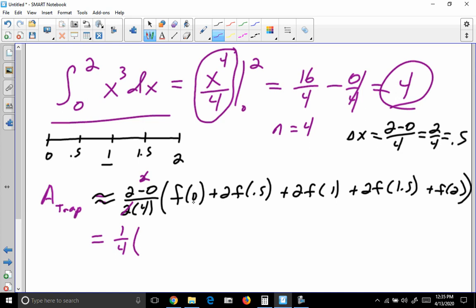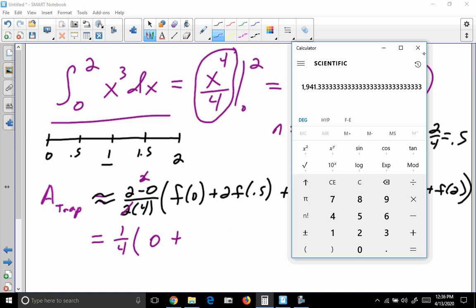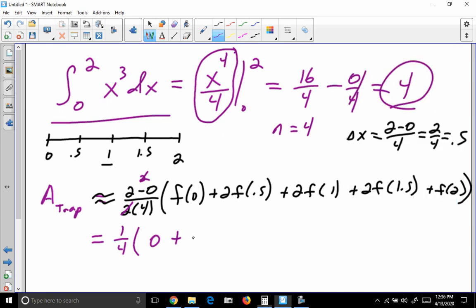If we plug a 0 into our function, 0 cubed is 0. If we plug a 0.5 into our function, we have 0.5 to the 3rd, and then we're going to double that. So we get 0.25.